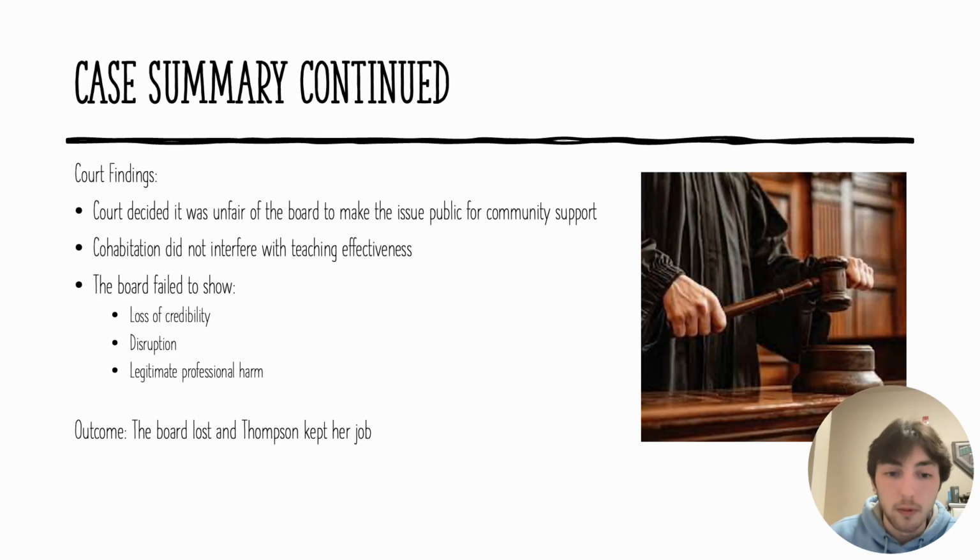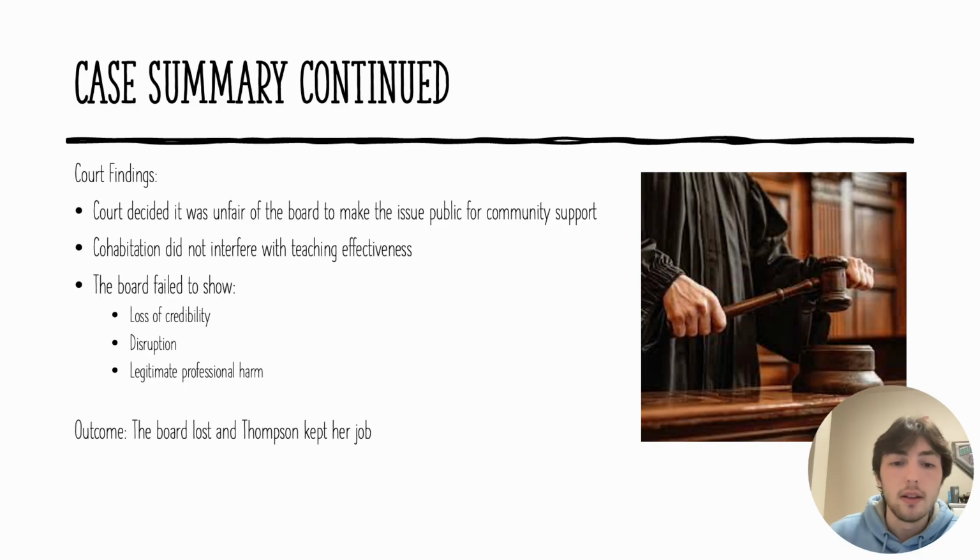So from the court findings, they deemed that it was overall unfair for the board to make this private matter public just solely for that community support. On top of this, they found that the cohabitation, or living with someone you're not married to, didn't interfere with her teaching effectiveness.